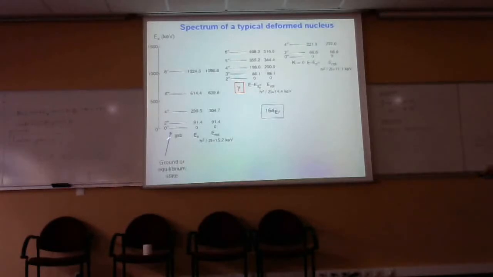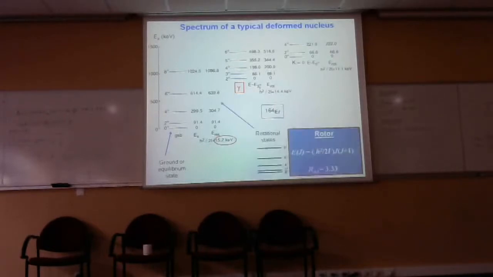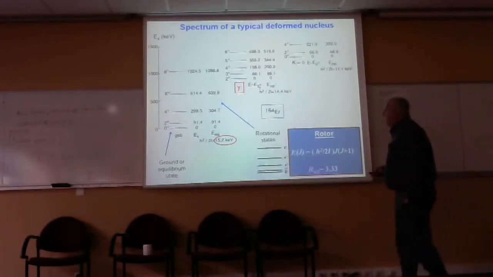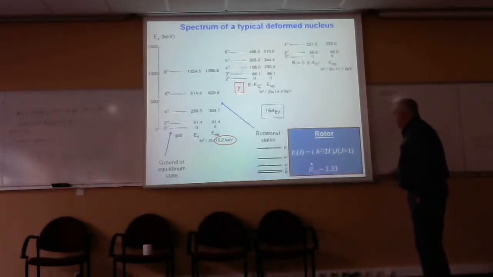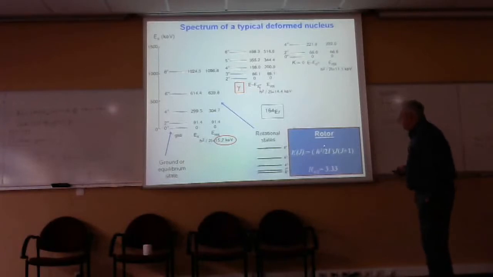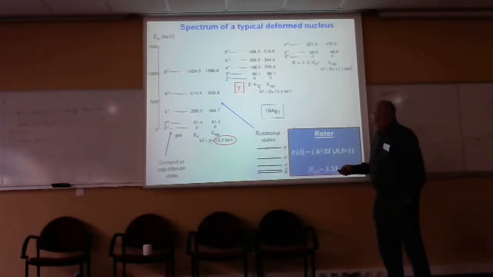So there's the ground state. Fortunately, nuclei have ground states. Here you have a set of rotational states. By now this should be very familiar to you. 0, 2, 4, 6, 8 that satisfy this formula, approximately. And what I've done here is fixed h bar squared over 2I to match the energy of this 2 plus state.